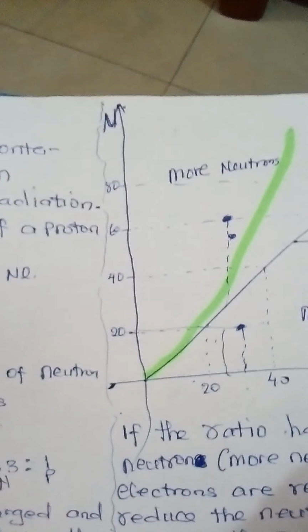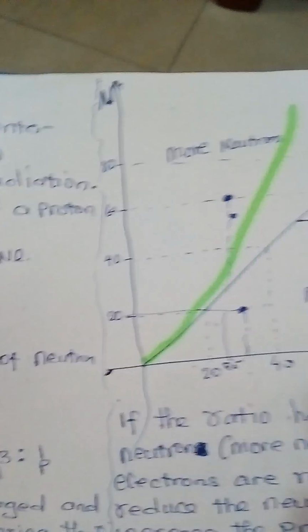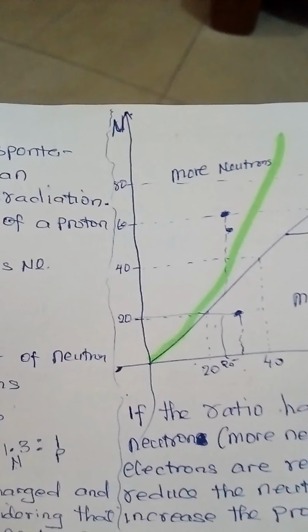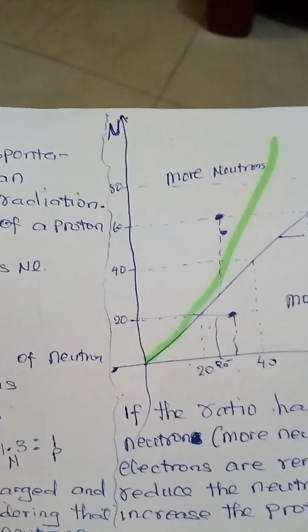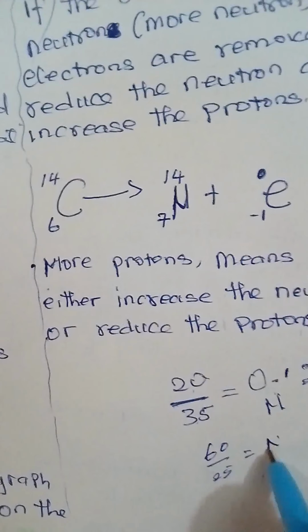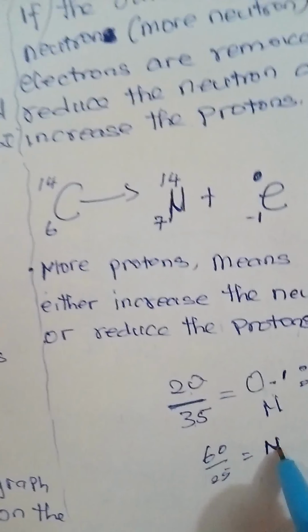Let's say this point is 25, so that will be giving us 60 over 25. That will be giving us a value that has a high number. So whenever a value is above the stability belt, we say that it has more neutrons, and when it is below the stability belt, we say it has more protons.